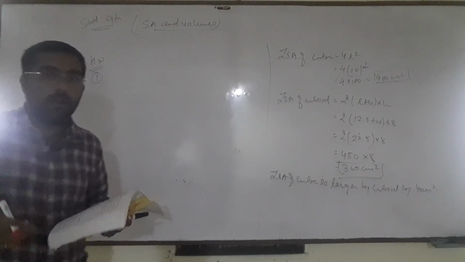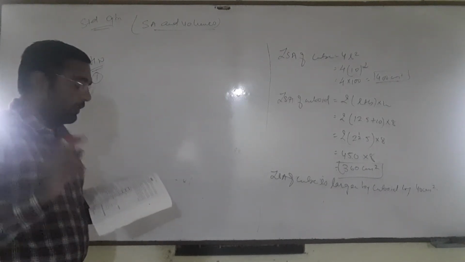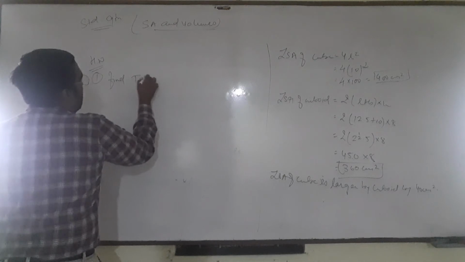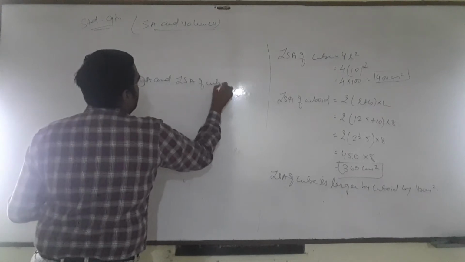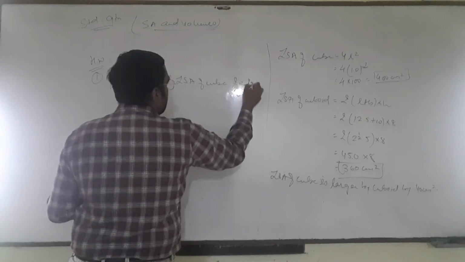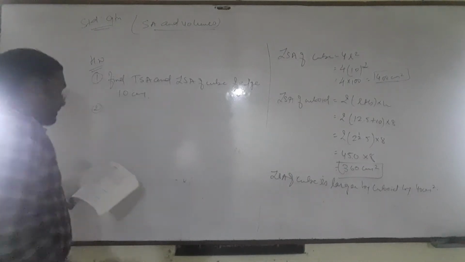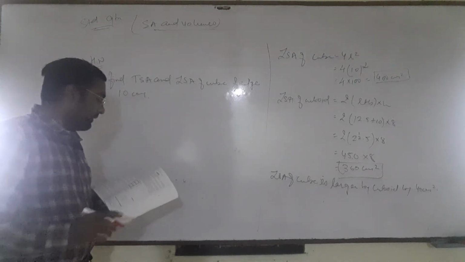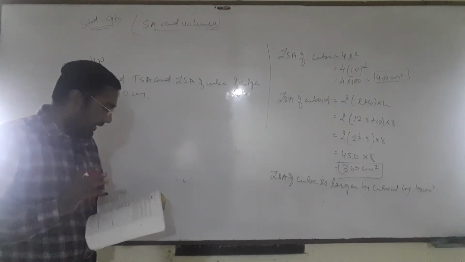My first question is: find the lateral surface area and total surface area of a cube of edge 10 centimeter. Second one is: find the ratio of the total surface area and lateral surface area of a cube. That's not important, so cancel that out.